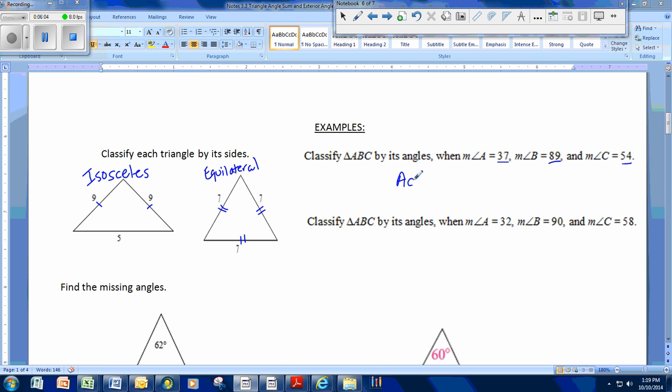So that means that this triangle is an acute triangle. And for the last example here about classifying triangles by their angles, we have the same type of problem. And here are the three measurements of the angles. And I notice that one of them is exactly 90. Well, when that occurs, that's a right triangle.